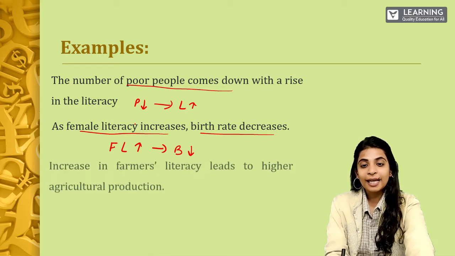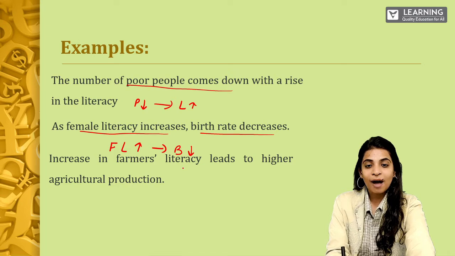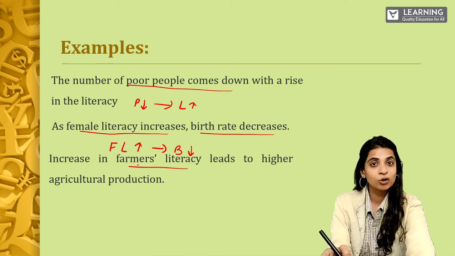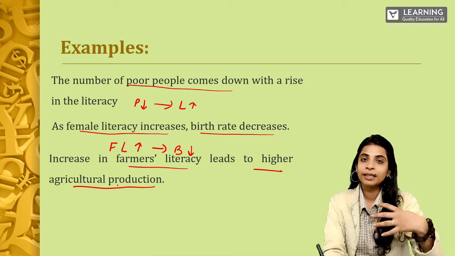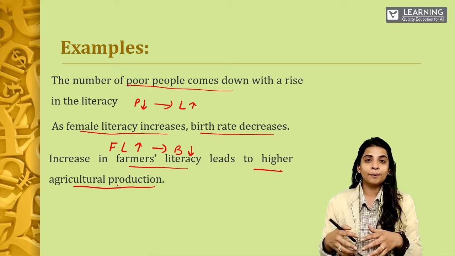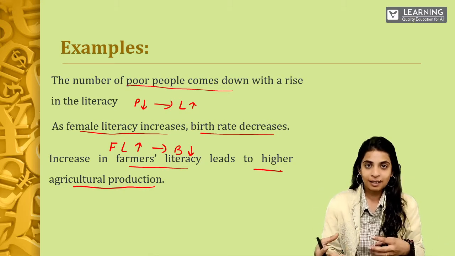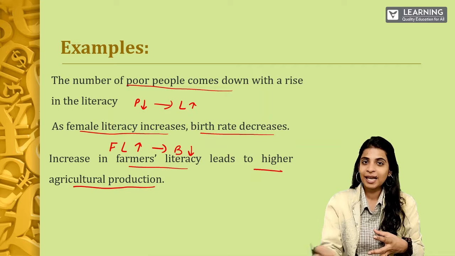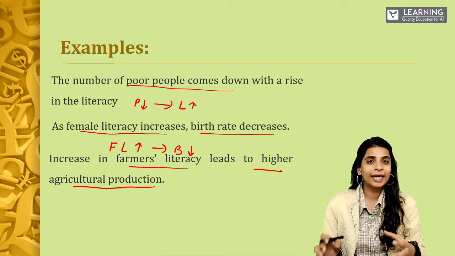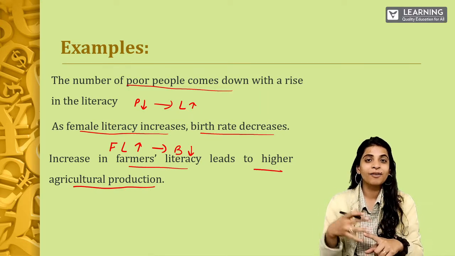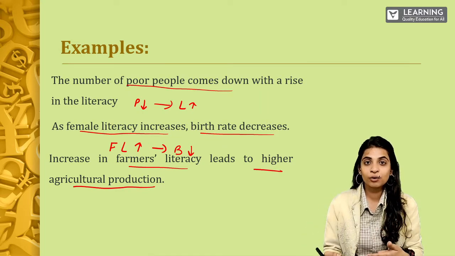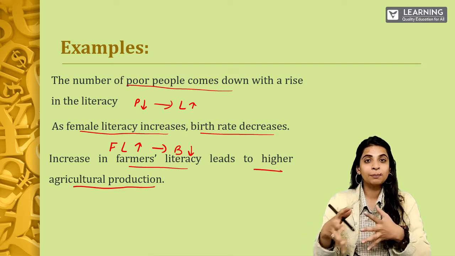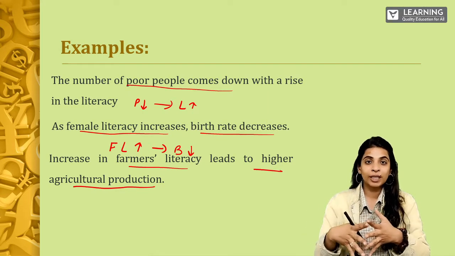Right? Then another example, increase in farmers' literacy. If farmers are also literate, this leads to higher agricultural production. They will know the importance of good fertilizers, high yielding variety seeds, HYV seeds also. They will also have some sense to bring development in irrigation, how to do multiple cropping, how to do rotation cropping.